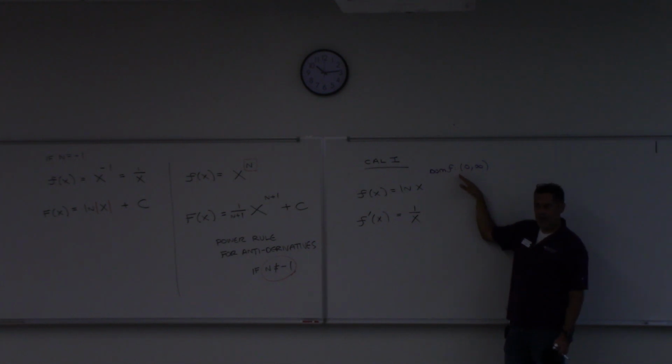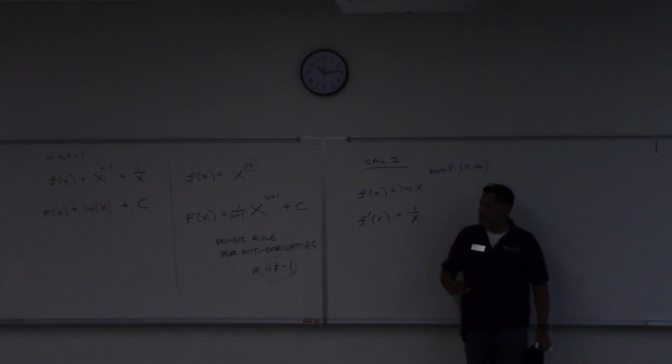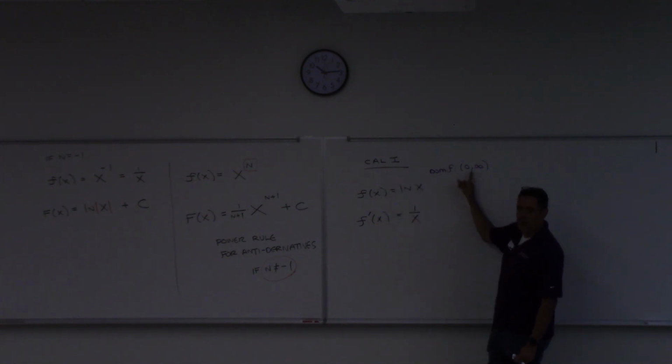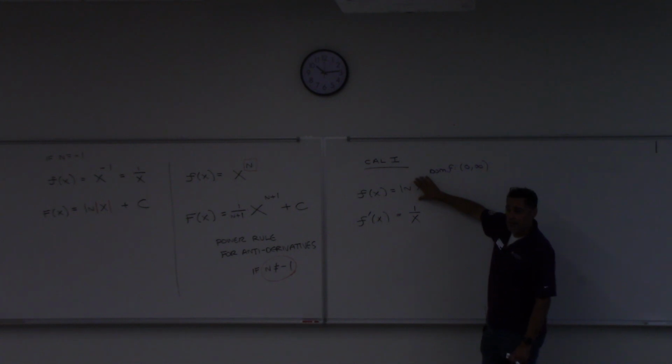Yes? So back in Cal 1, when we were doing where a function is going up and down, increasing, decreasing, that sort of thing, if you were asked to look at this derivative, you would only look at it on this domain, because that's the domain of the original function.